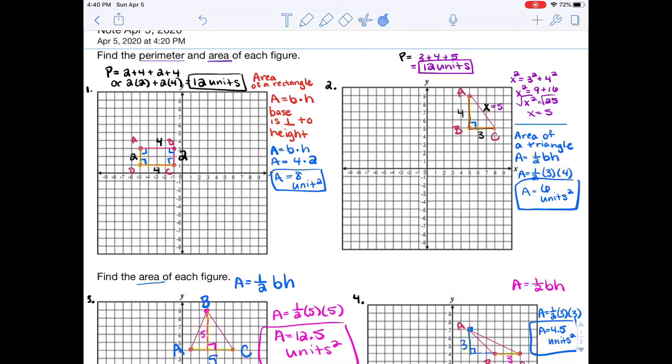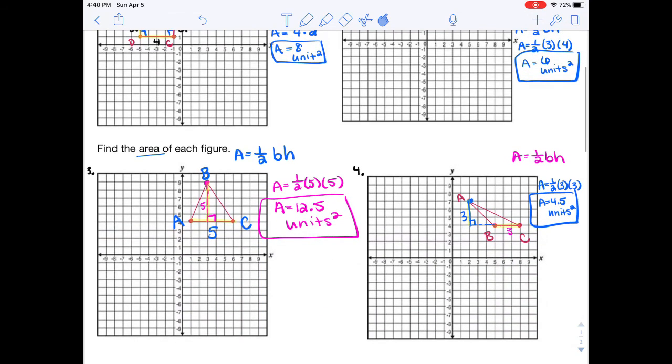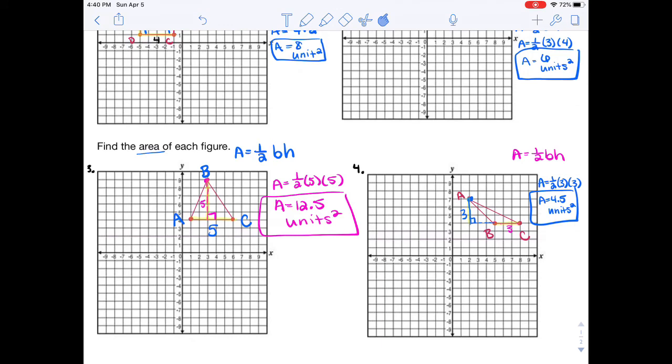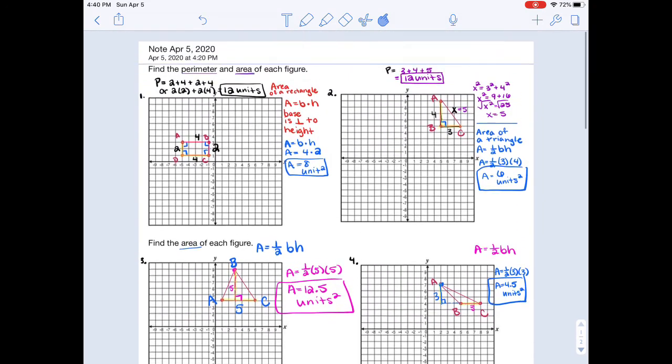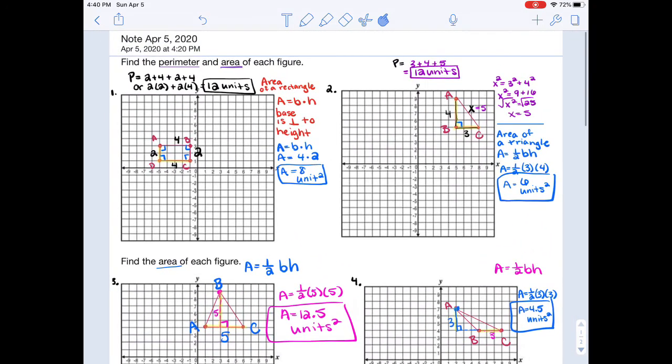So if the right angle is not given to us, we might have to, like in number 3, drop down the height, which was inside the triangle because that was an acute triangle. Or number 4, we're going to have to drop down the height outside the triangle because that's an obtuse triangle. Okay, this was a quick review of area and perimeter of rectangles, triangles, etc.